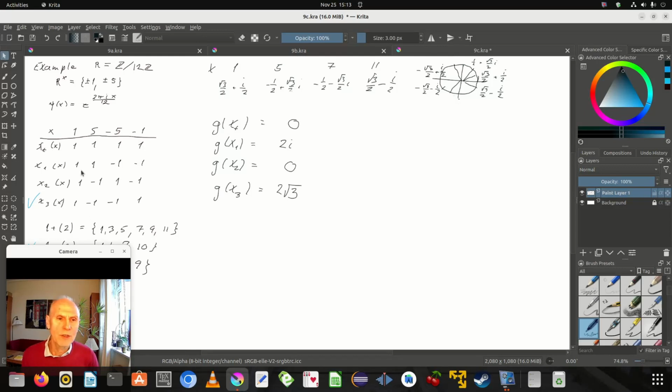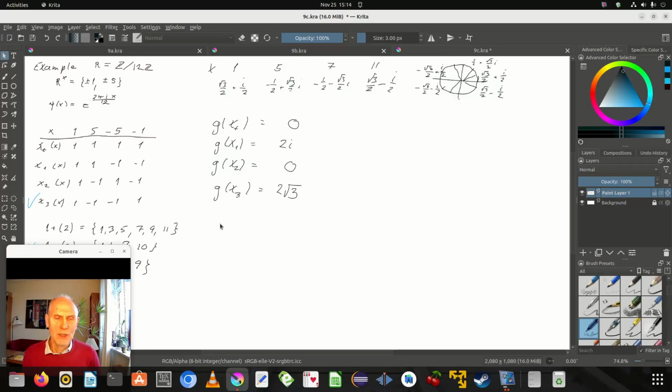So the sum of these two vanishes and the sum of the other two vanishes. So that's naught as well. And this one gives 2 square root 3 as it should be, because we add these two to square root 3 and these two to minus square root 3 and then subtract them from this.